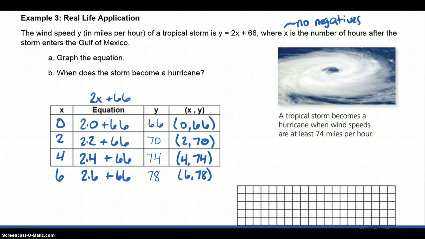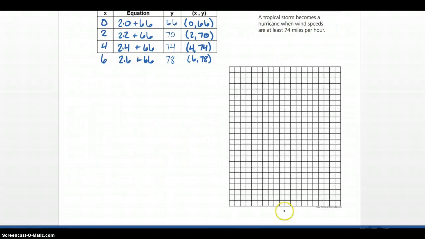Okay, now you can see we've got quite a big graph over here. So the first thing we're going to want to do is figure out what our scale needs to be on this. So if I scroll down and over here, when you're given this much space, you want to try to use it up.